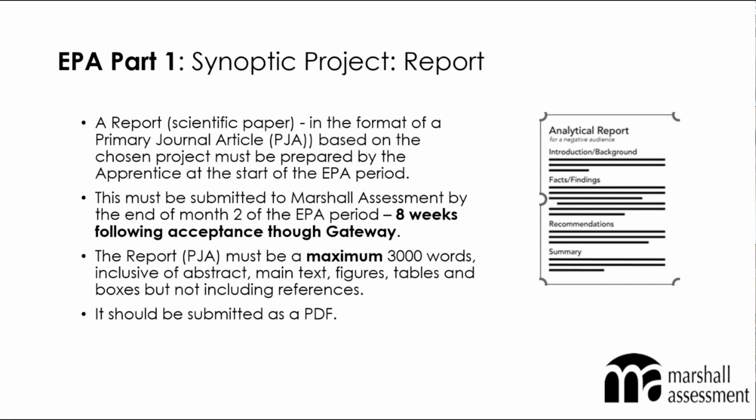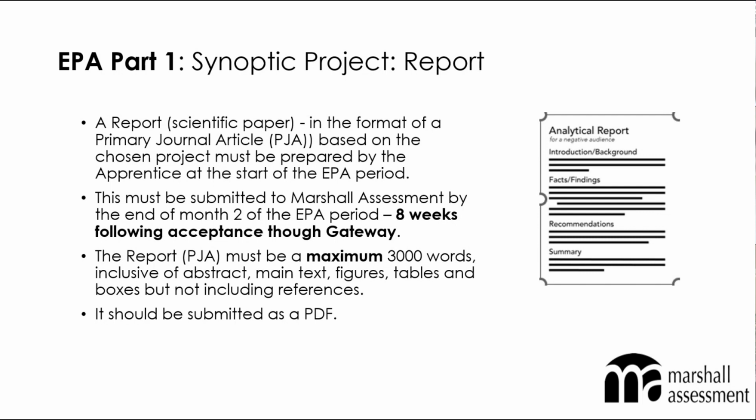So for the project itself, in the EPA period we ask for a PDF, what we call a primary research journal article. That will be in the typical format of a primary research journal article: title, abstract, introduction, method, materials, etc. That will be 3,000 words, not including references, and it will be submitted as a PDF in that post gateway EPA period.